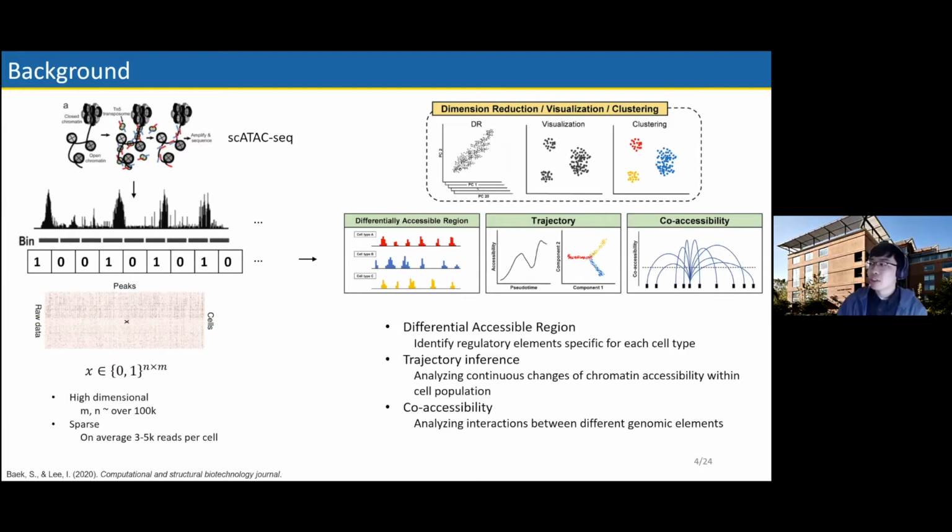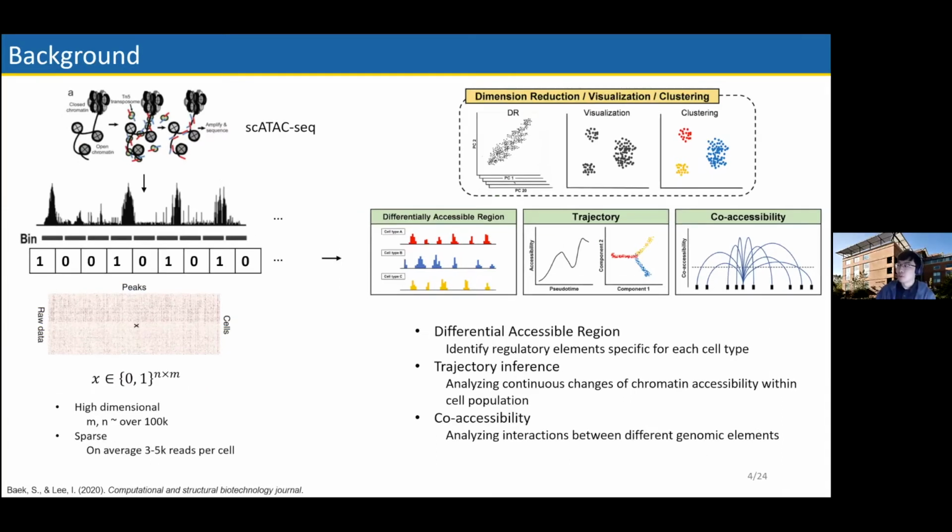So usually the first step for data analysis is to perform dimensional reduction to get a lower dimensional representation. This lower dimensional representation is biologically more meaningful and less noisy. With a good embedding, we can run a clustering algorithm to annotate cell types.